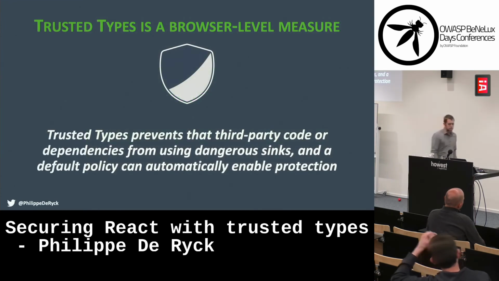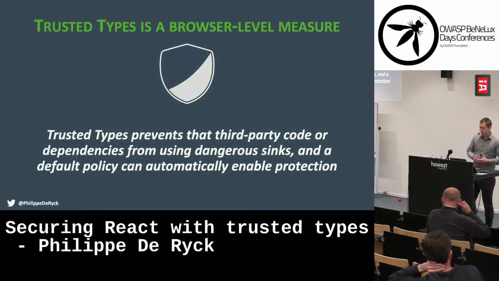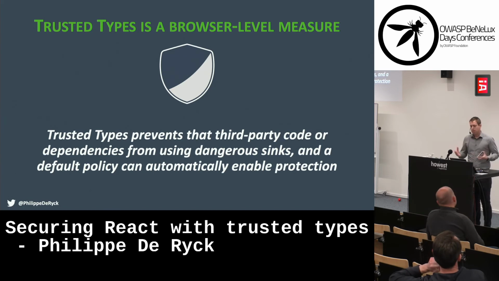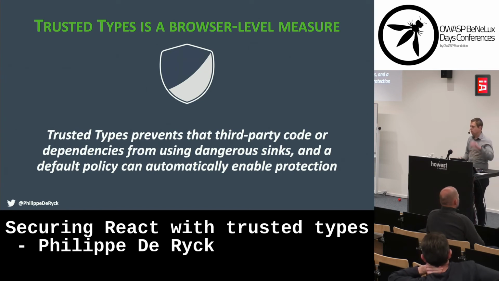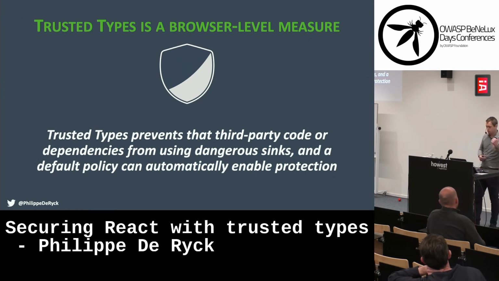And that fulfills the promise I made in the beginning. So trusted types is a browser-level measure. It changes the way the browser accepts data, which does two things. It forces you to change the way you provide data, which forces you to think about security and apply proper defenses. That's one.